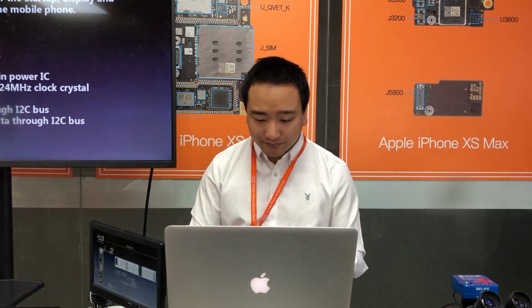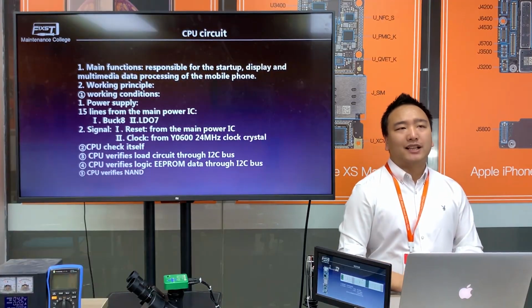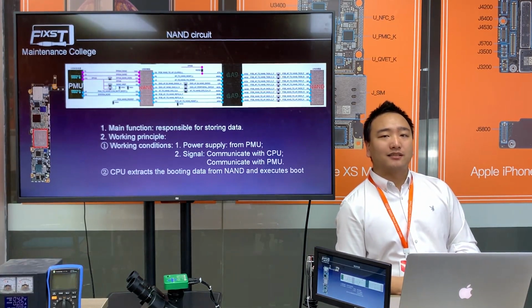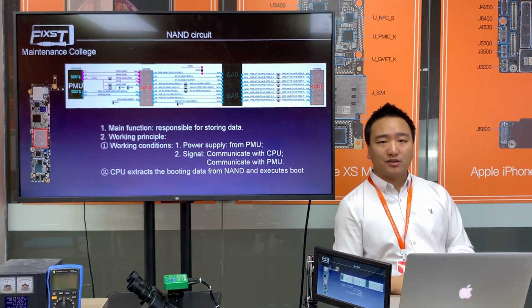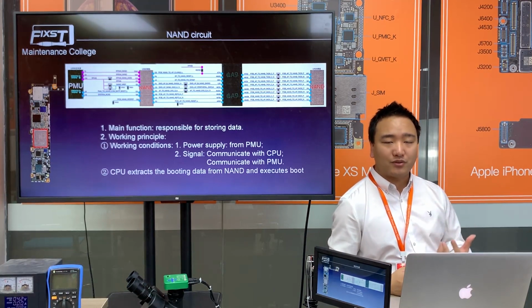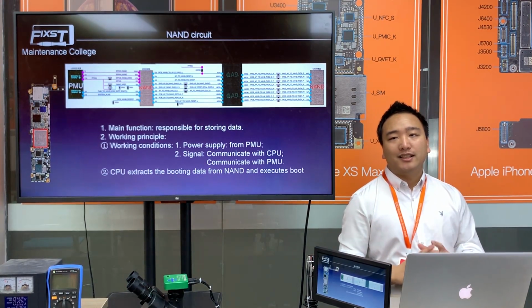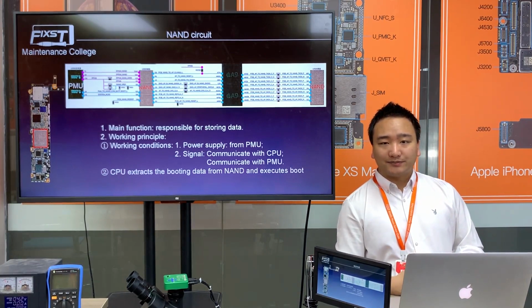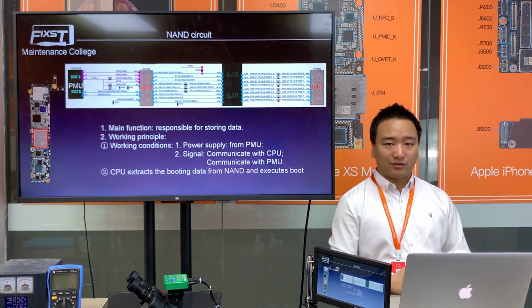So we are going to study the NAND circuit. The NAND circuit is very easy, because the main function of the NAND is just to store data. It reads and writes the data, the information. When we want to keep information, it writes the information to the NAND, and when we want to check it, it reads the information out and you can check it.